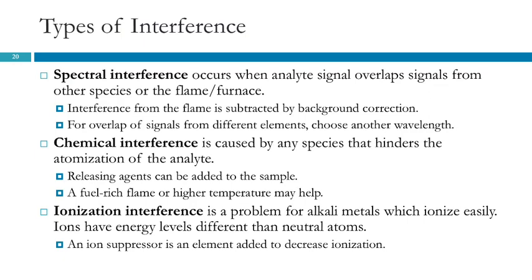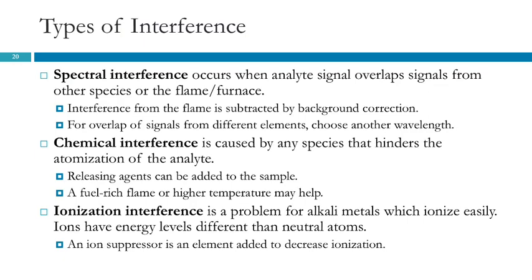We can get chemical interference. This is caused by anything that's going to hinder the atomization of the analyte. So there are various releasing agents that can be added. One of the things, if I remember correctly, is phosphate ion.